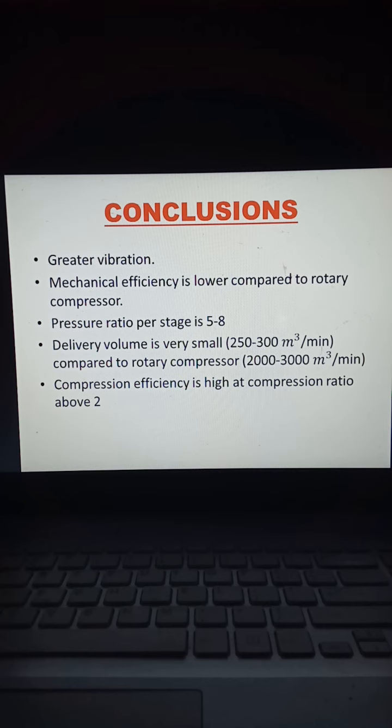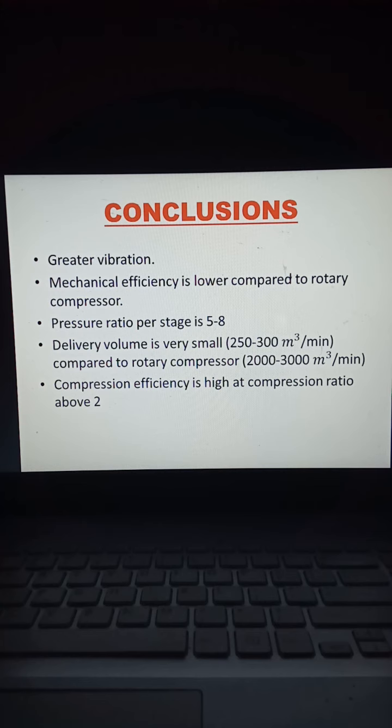That is the polytropic power divided by shaft power. You will get the mechanical efficiency. The mechanical efficiency is lower in reciprocating air compressor compared to rotary air compressor. The reason is it involves more sliding and moving parts as compared to rotary compressor. Sliding and bearing members are more in case of reciprocating air compressor.